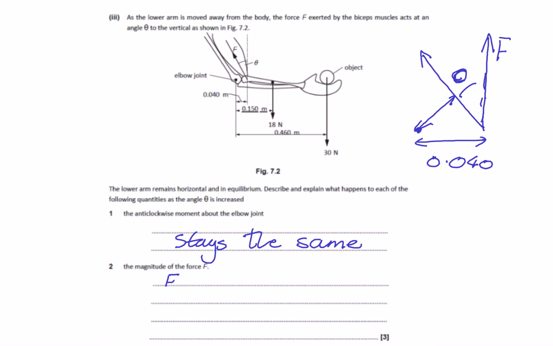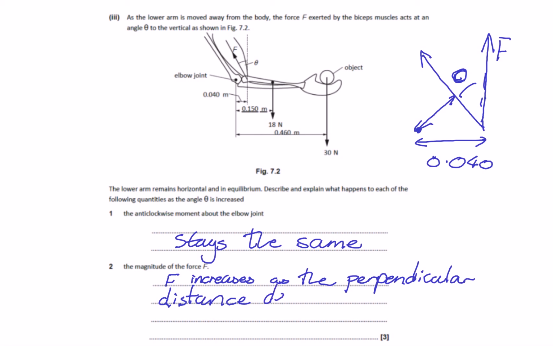So F increases as the perpendicular distance decreases to achieve the same moment about the elbow. Okay, there we go, that's question 7.